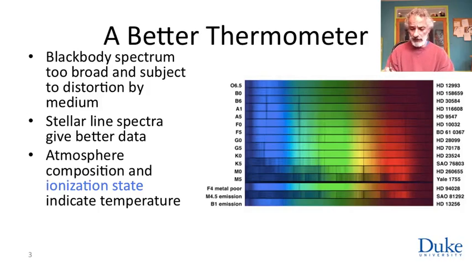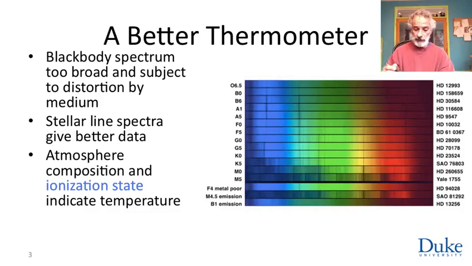Here is a sort of compilation of representative stellar spectra arranged in order of what is called spectral type, and spectral type runs from O through B, A, F, G, K, and M, and within each category there are 10 subdivisions. So B0 is on one end, and then it goes all the way up to B10, and A0 up to A10, and so on.